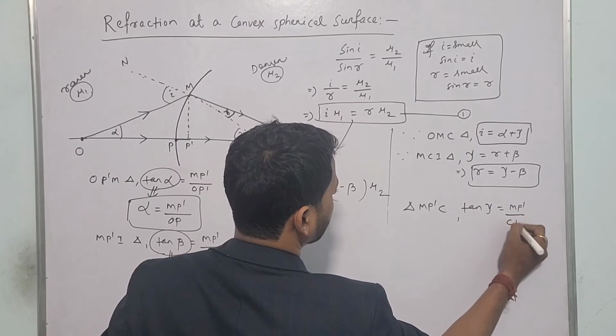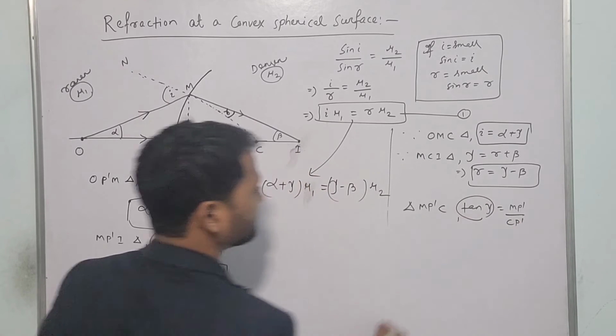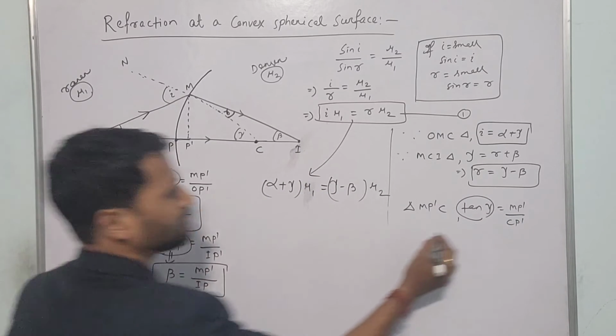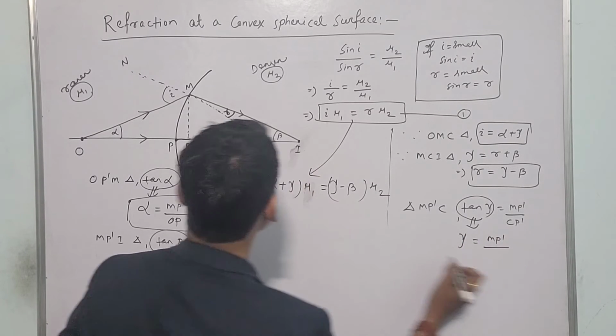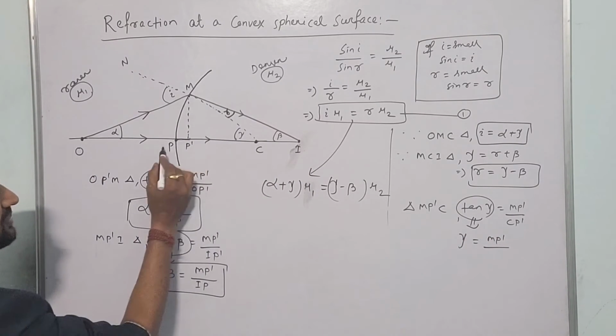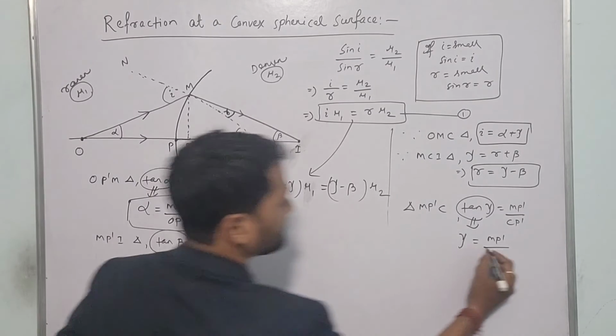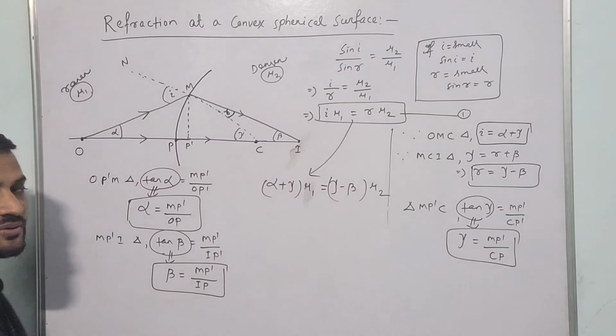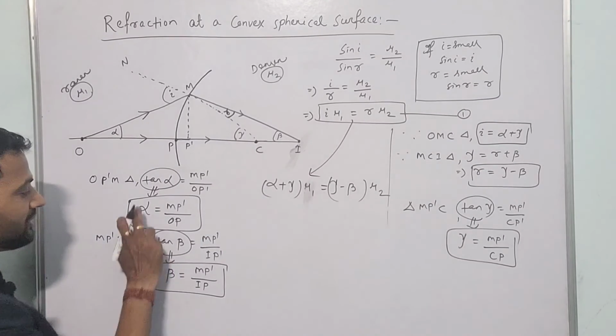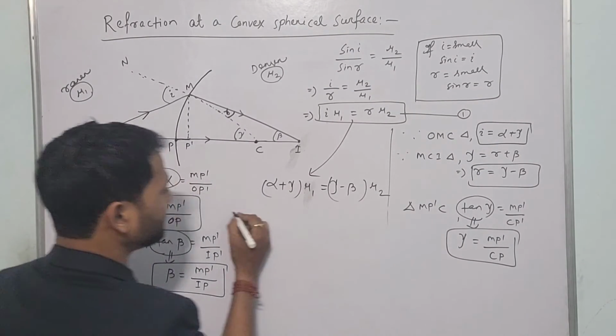MP dash upon CP dash. Since gamma is small, tan gamma will be equal to gamma. So gamma will be equal to MP dash upon CP dash. We can say CP since P is close to P dash. So alpha, beta and gamma are found, put them here and the answer will come.